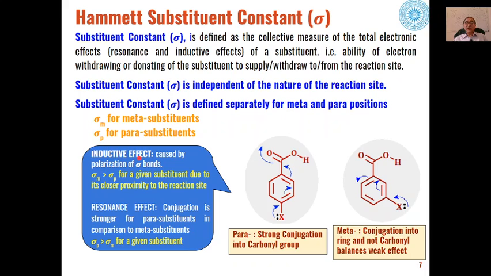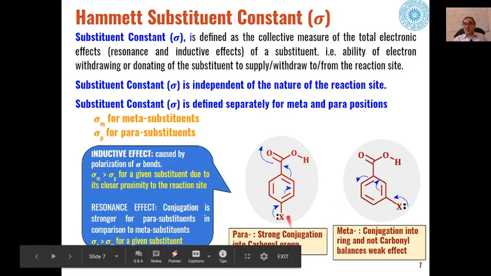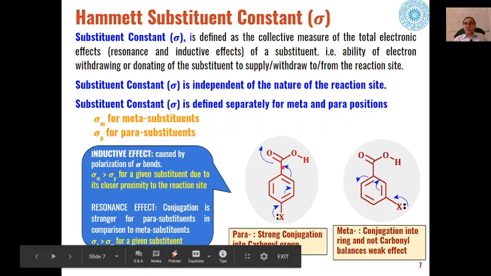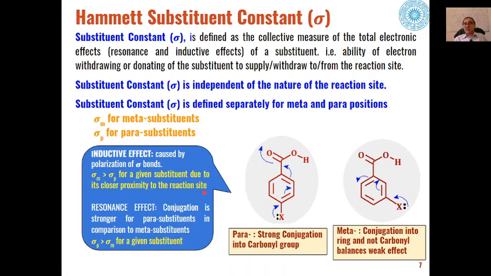Inductive effects are caused by polarization of sigma bonds, so the value of sigma m, the meta position, will be more than sigma p for a given substituent. The reason is that the inductive effect depends on the proximity of the groups to the reaction site.